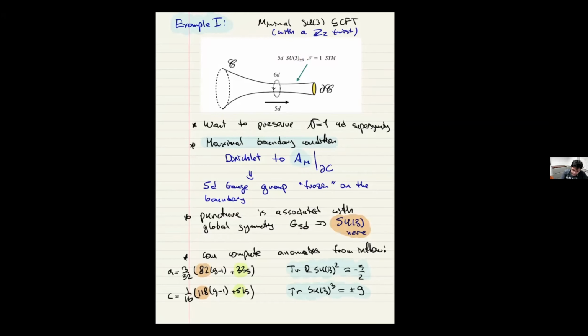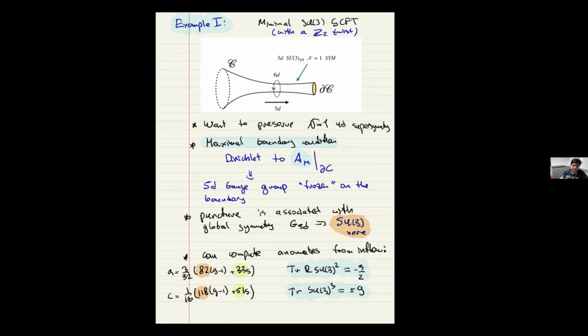The fact that you get an SU3 here and SU3 here is not trivially related, just as a side comment, but it so happens here.